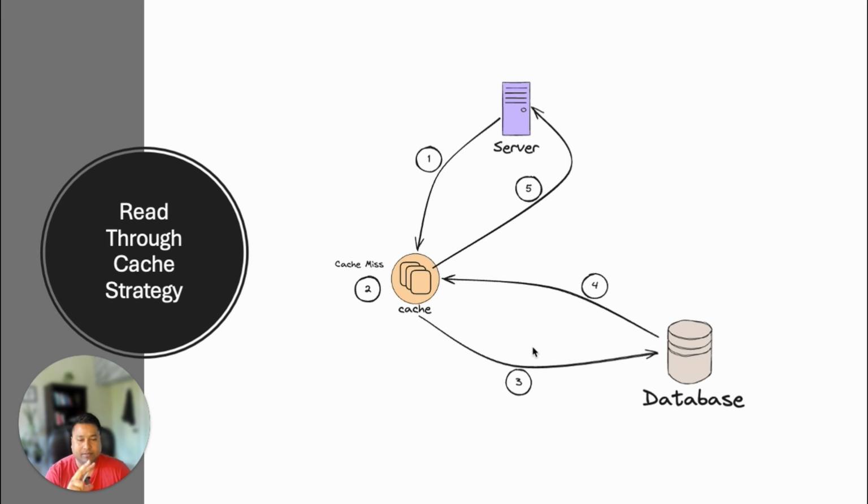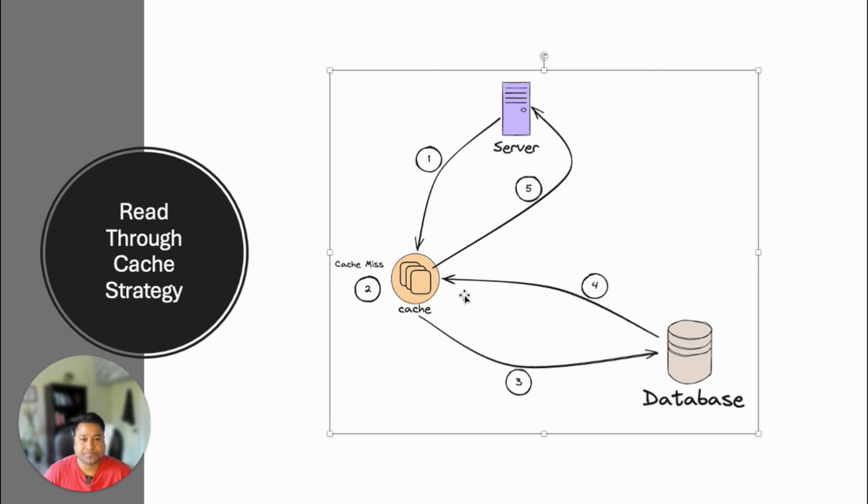So this is the main overall idea of your read through cache. Alright guys, in the read through cache strategy, for example, this is your server, this is your database, and this is your cache memory. Now your server wants to access a data item X, any server resource.